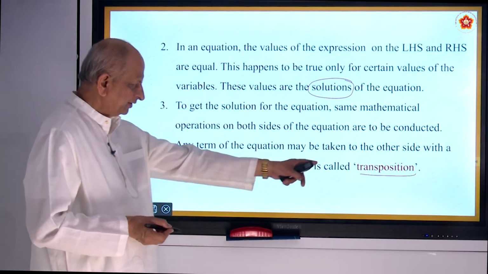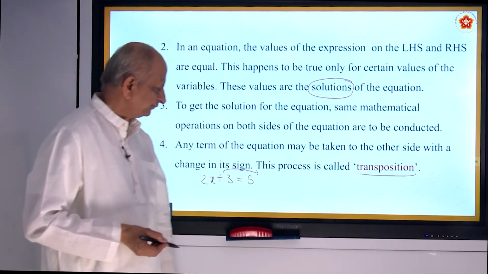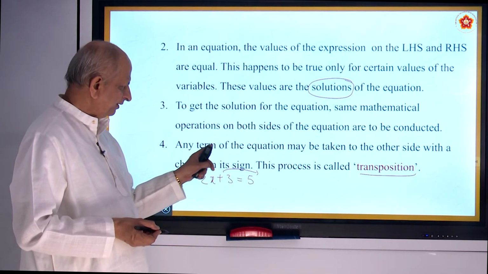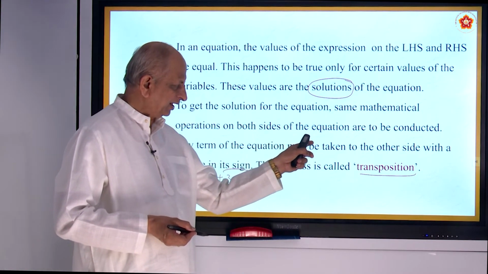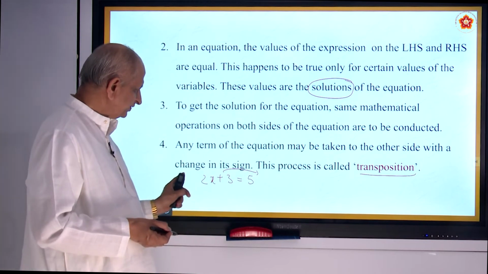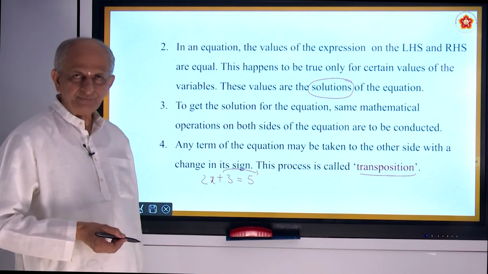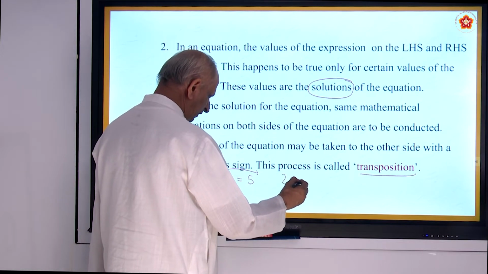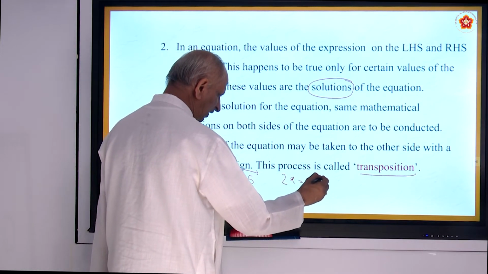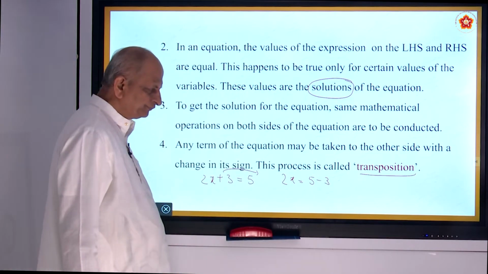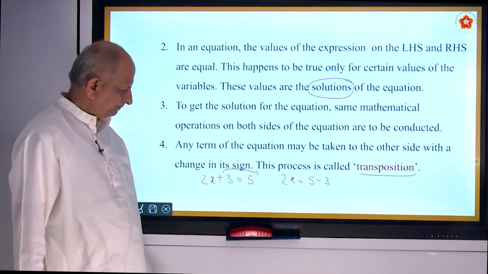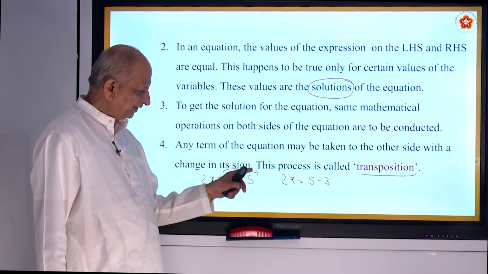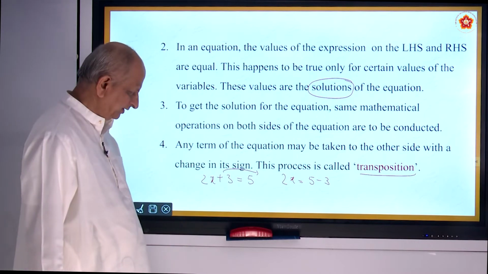What is it called? Transposition. So, any term of the equation may be taken to the other side with a change in its sign. So, the sign gets changed. How? 2x becomes 5 minus 3. 5 plus 3 was here, when it changes to the right side it becomes minus 3.